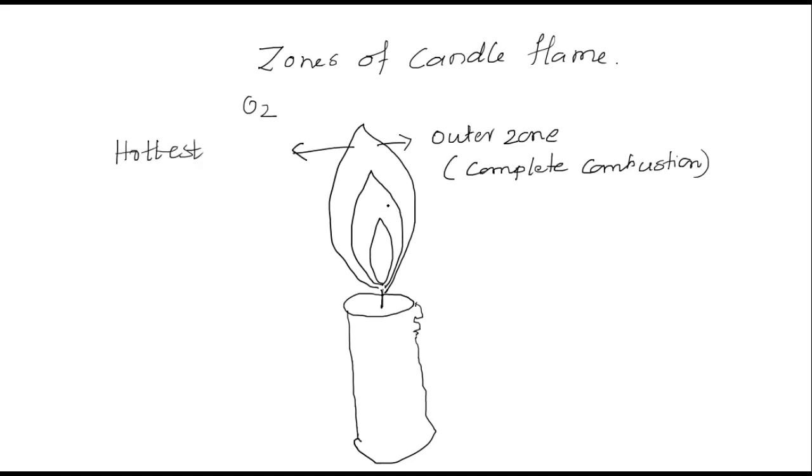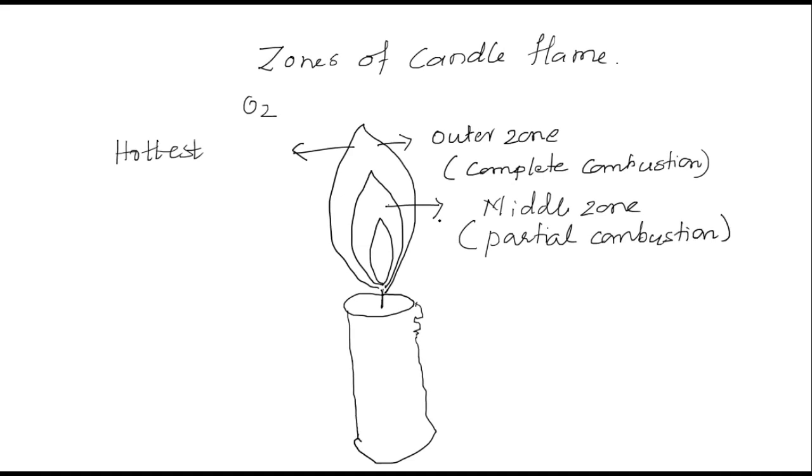Now the next zone is the middle zone. We will label it as middle zone, where partial combustion is possible. Why is there partial combustion? What do you mean by partial combustion?